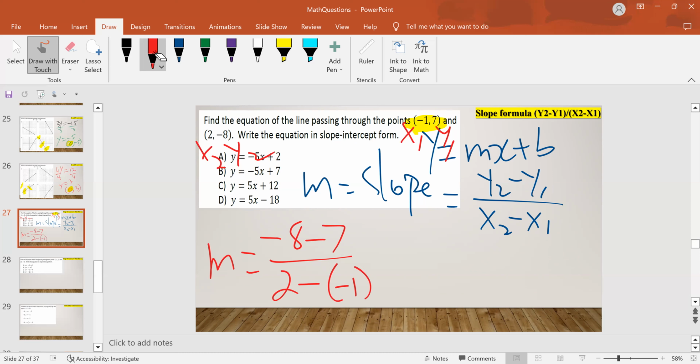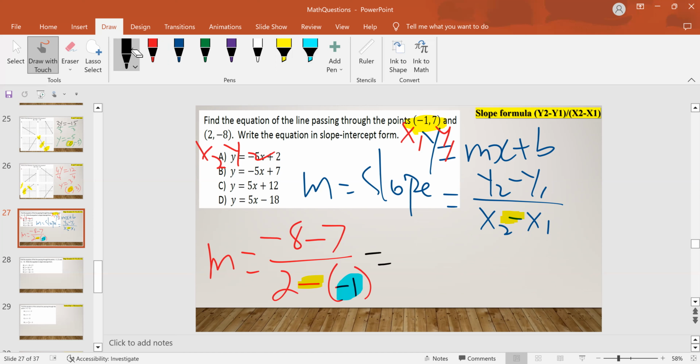Because x1 is -1, I put it in parentheses. This is a common mistake also. The formula has a negative sign, but the value of x1 is also a negative value. That's why I use the parentheses.